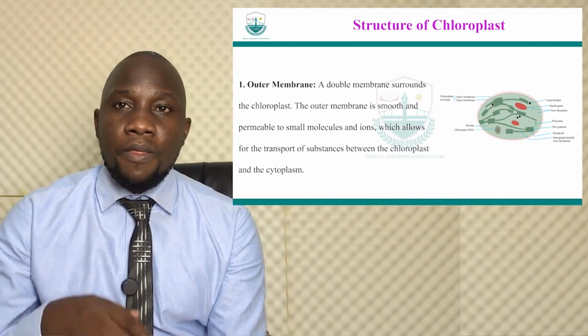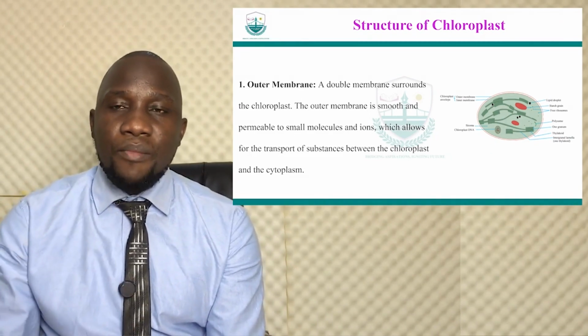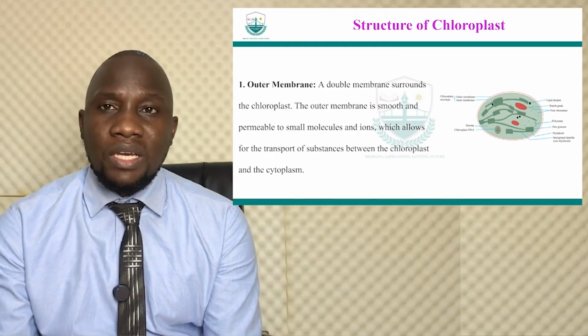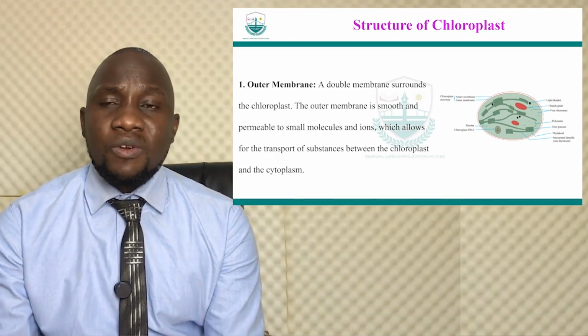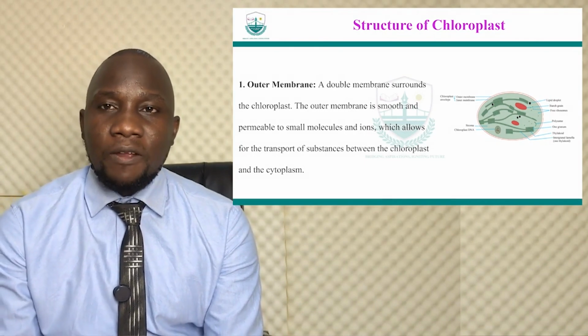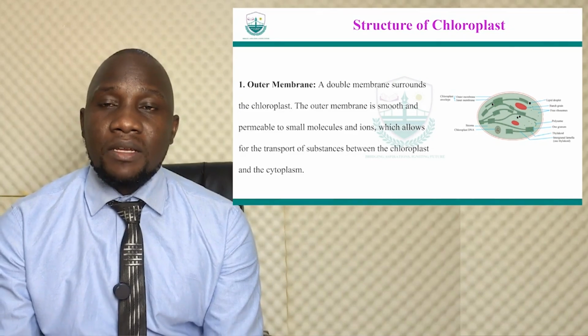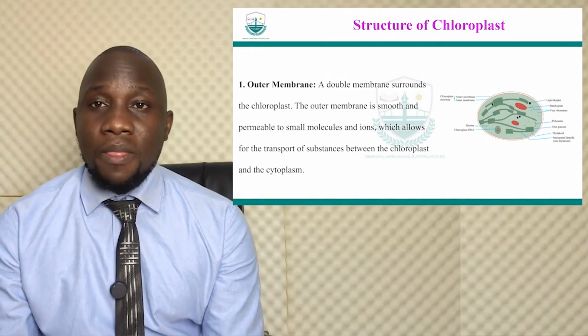So the outside membrane surrounding this chloroplast is what we call the outer membrane. The chloroplast has a double membrane. It is a membrane-bound organelle, right?